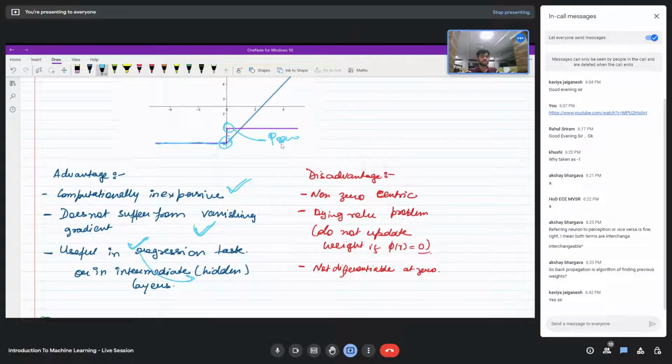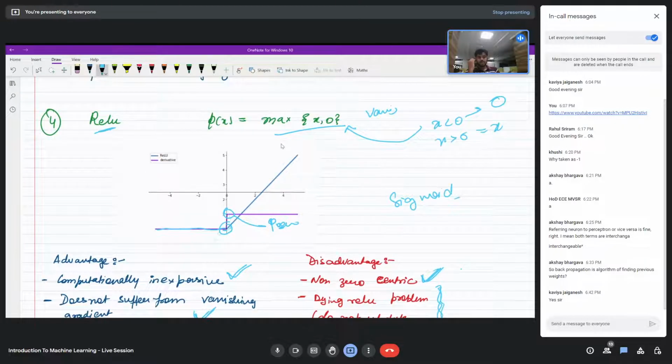It can be used as output layers for regression tasks. And for classification tasks also, it is very useful as hidden layer units. In the output layer, you can use sigmoid or tanh. In the hidden layer, you can use this kind of activation. Again, the disadvantage is that it is not a zero-centric function. Okay. There is a problem called the dying ReLU problem that I want to mention.